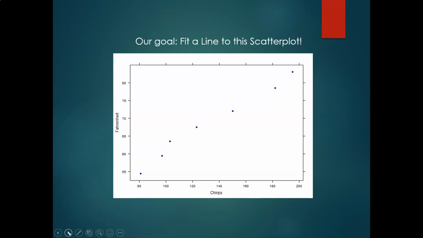When chirps go up, the temperature usually goes up a predictable amount relative to the number of chirps. So it fits nicely into the scatter plot, and we're able to visually see that there probably is a fairly high correlation, a good linear relationship, and a strong connection between these two variables.